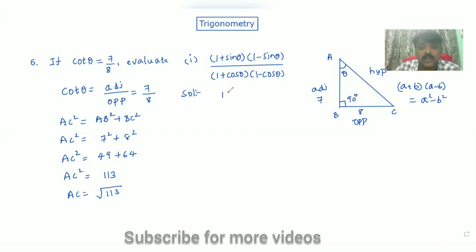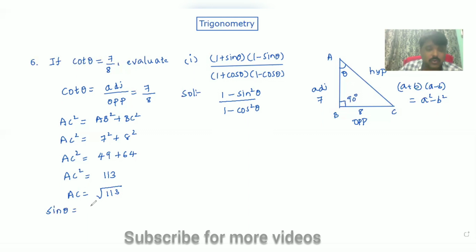That becomes 1 minus sine square theta by 1 minus cos square theta. We shall not use the identities, since it is the very first exercise which we are doing. Let us find the values of both sine and cos.